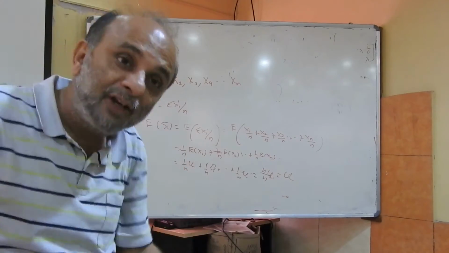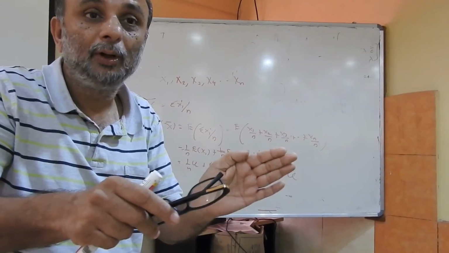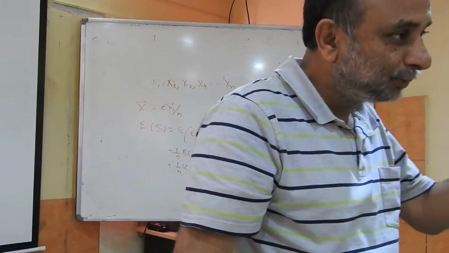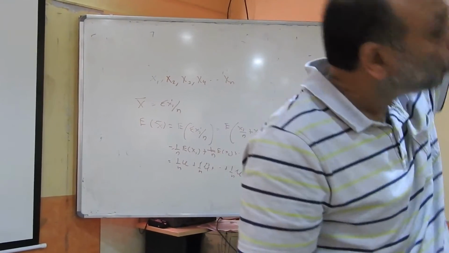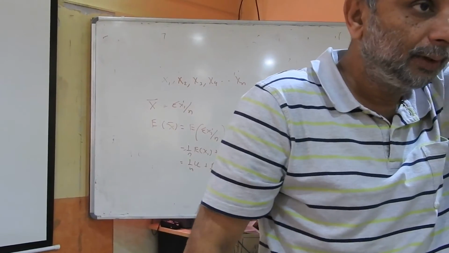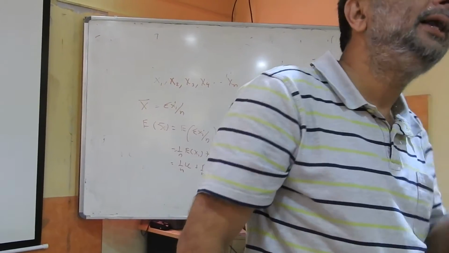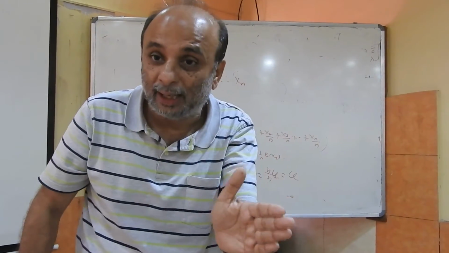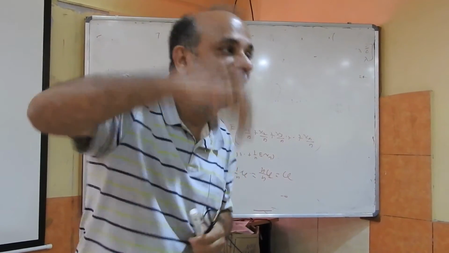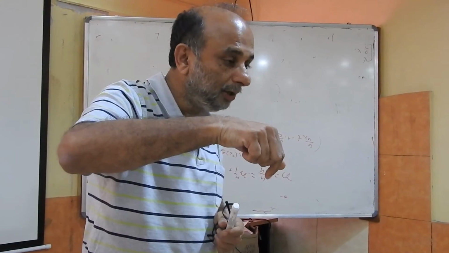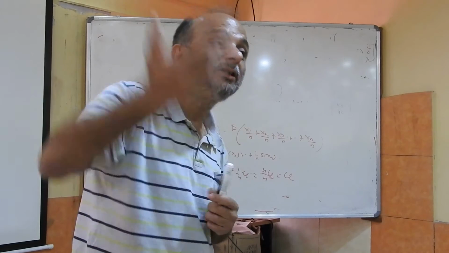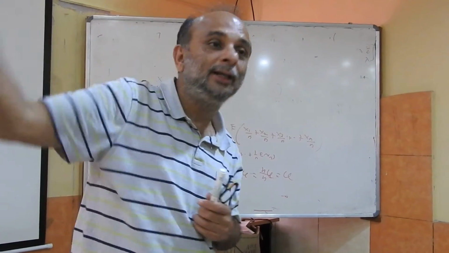But the average value of the difference will be 0. On an average, if I kept on taking many such small samples and finding x bar from them, and I averaged across all x bars, I will get mu. That's what this means. Which means that the difference between x bar and mu that I get in any particular case is not a systematic difference. So my errors are unsystematic. My guess is correct on average.